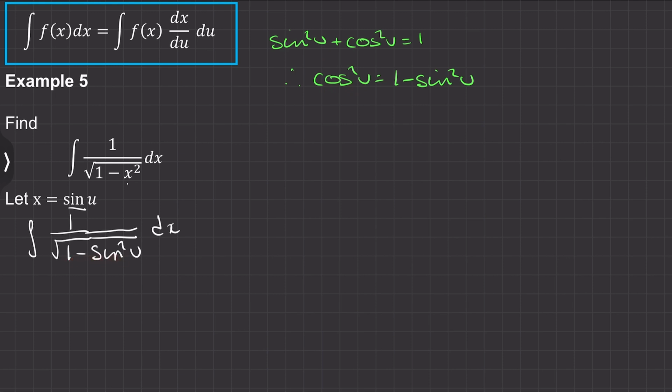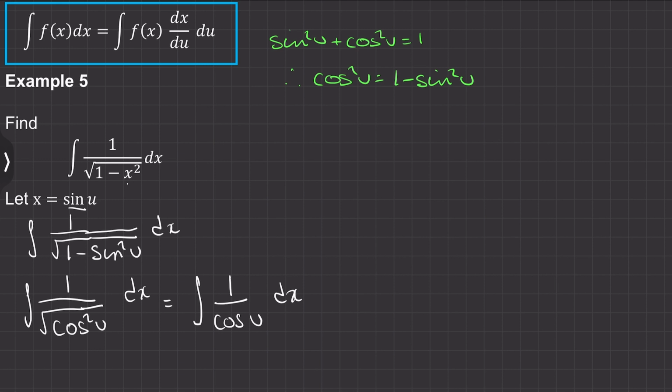So now we have the integral of 1 over the square root of cos squared u dx. And now we've got this square root, and this square, these will cancel. So we have this integral of 1 over cos u dx.